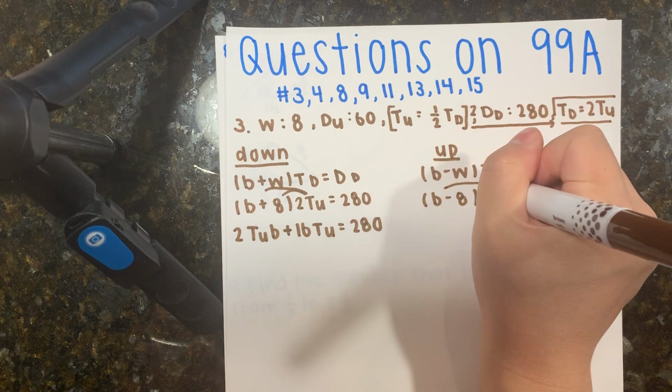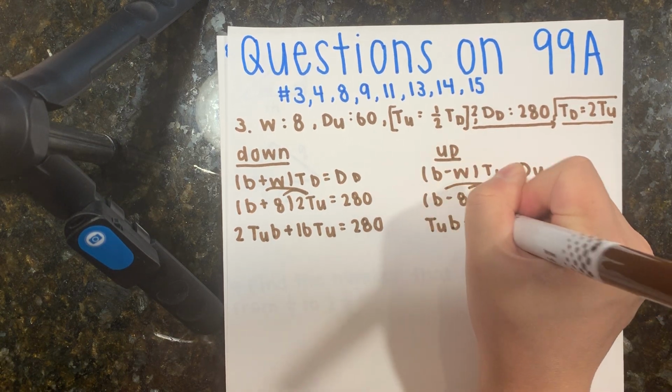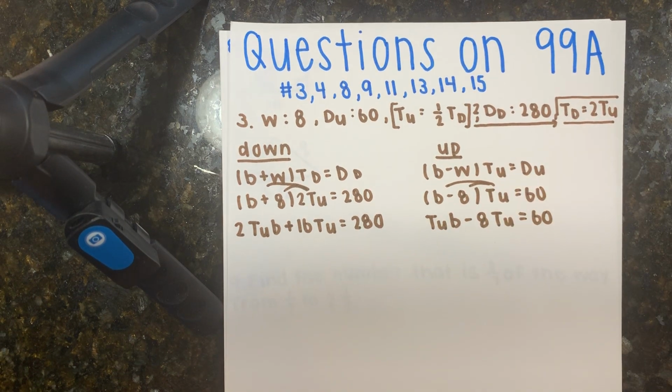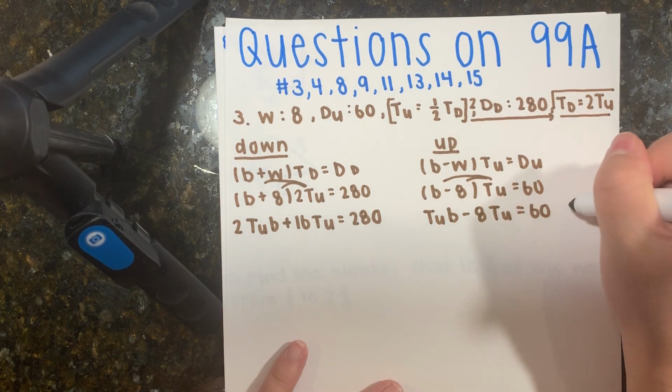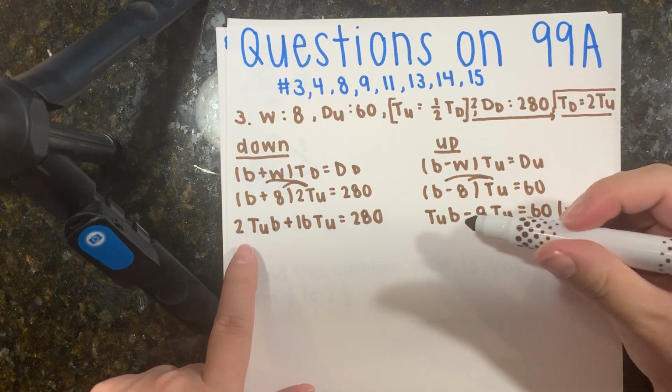Now you're going to distribute the TU, so I have TUB minus 8TU equals 60. And what I'm actually going to do is elimination. So I'm going to multiply this equation by -2 so I can eliminate the TUB.